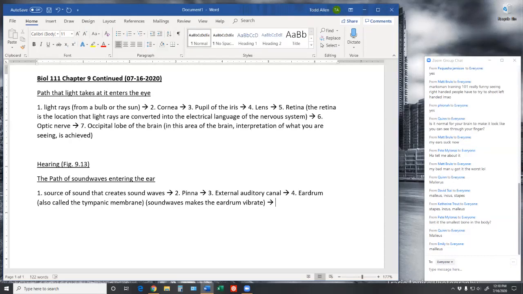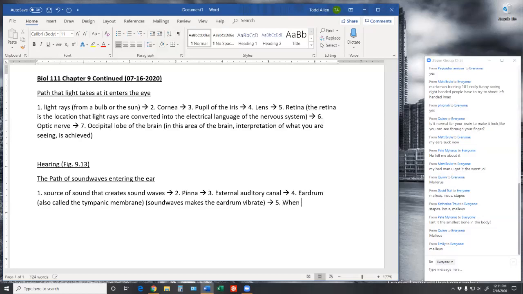All right, folks. So when the eardrum vibrates, that's going to physically move the malleus. When the malleus moves, it's going to push up against the incus. And when the incus moves, it's going to push up against the stapes. Okay, so we'll put this all together as one comment here in our notes.